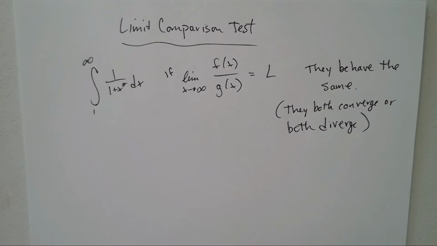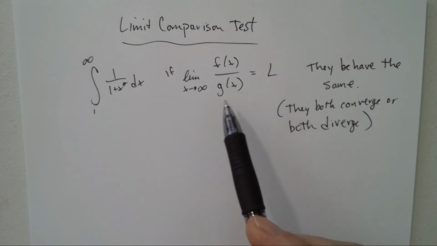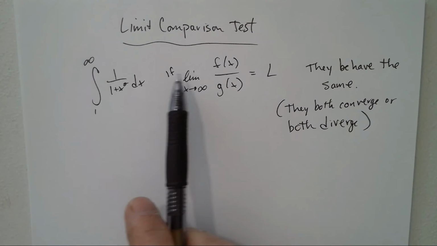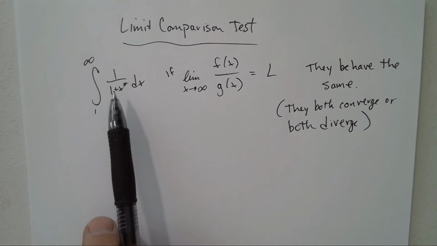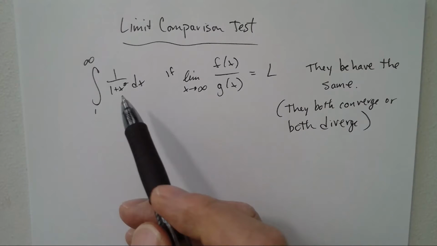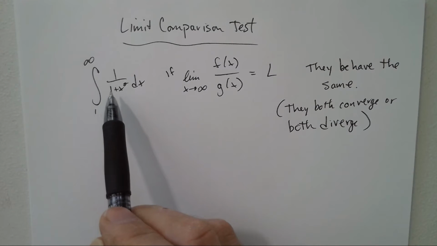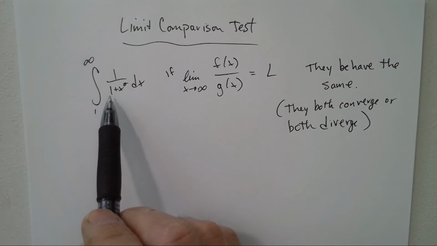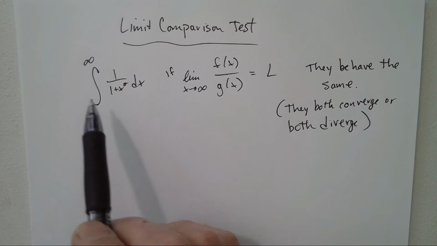Okay, we don't need to know which one is bigger than the other one. We don't have to use a whole bunch of logic. We just have to find an expression or a function that is really similar and it grows at the same rate. Well, if you think of our end behavior model of 1 over 1 plus x squared, this 1 is so small that it really doesn't play a part as x goes to infinity.